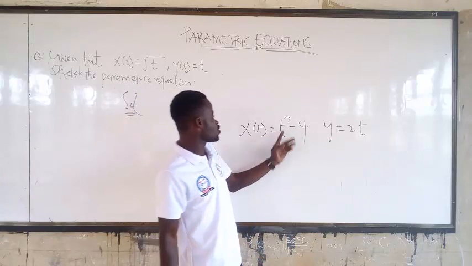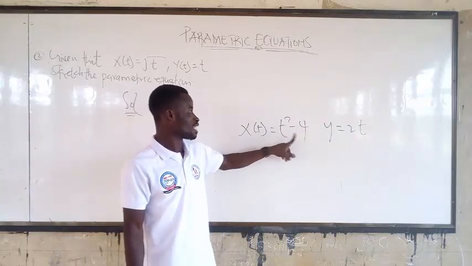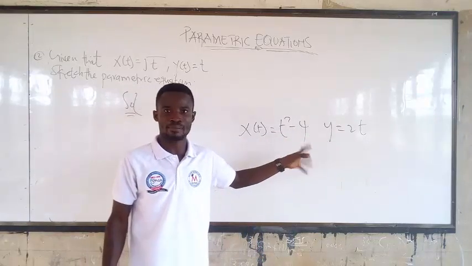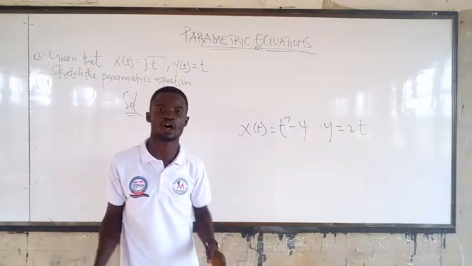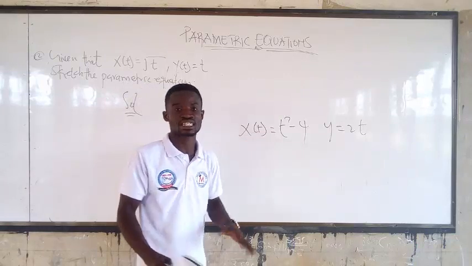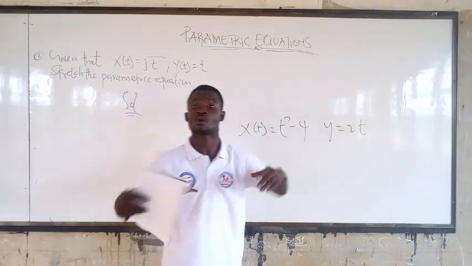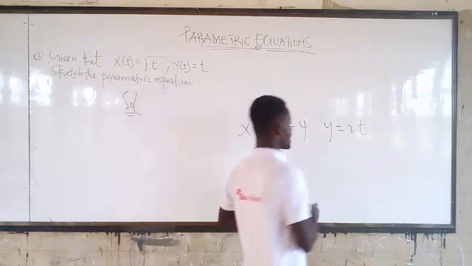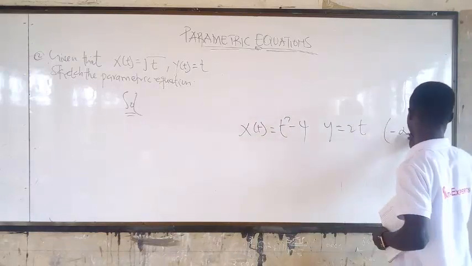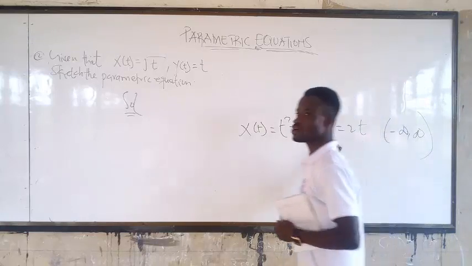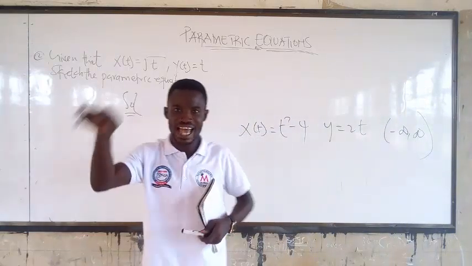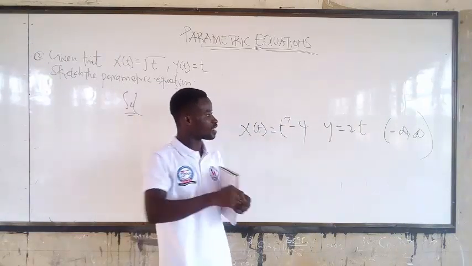There is nothing that you can substitute here that will give you a math error. Whether from positive infinity to negative infinity or from negative infinity to positive infinity, anything that you put here, it will work for you. That means that your domain is negative infinity to positive infinity.